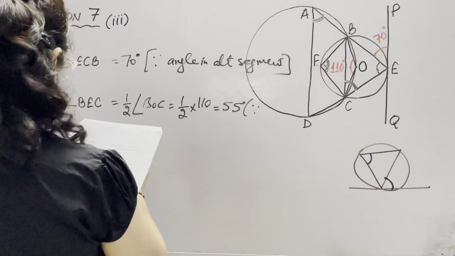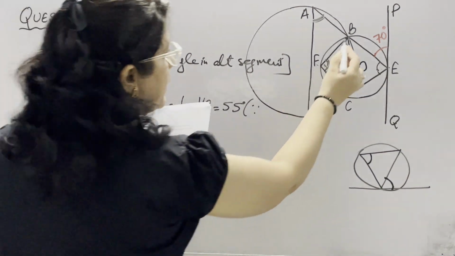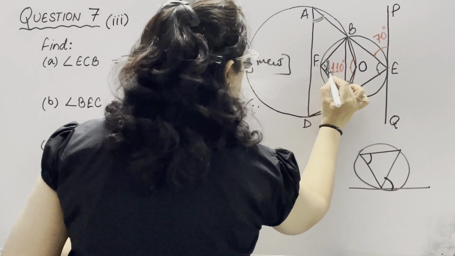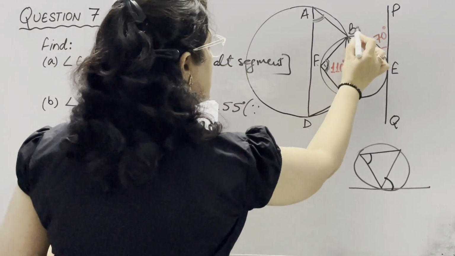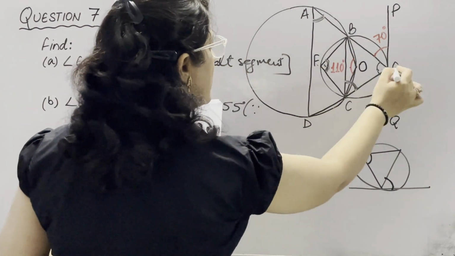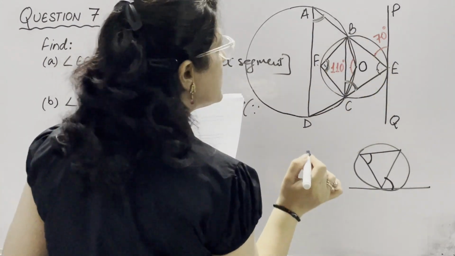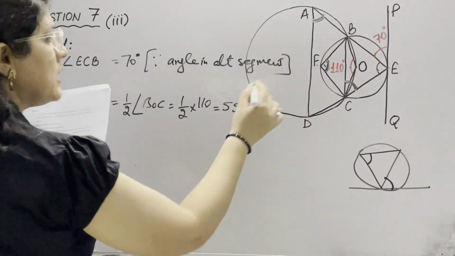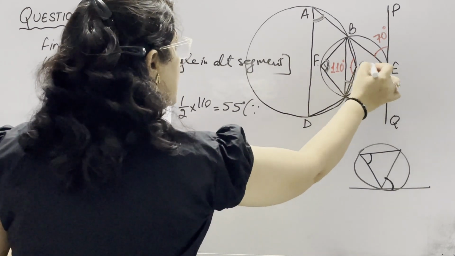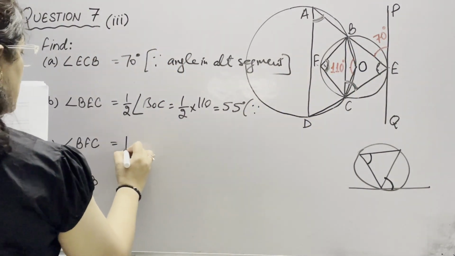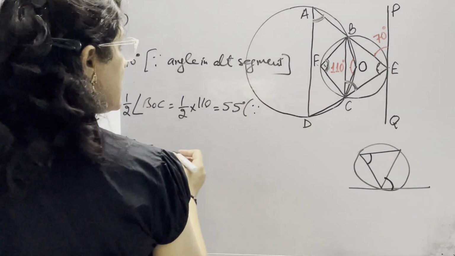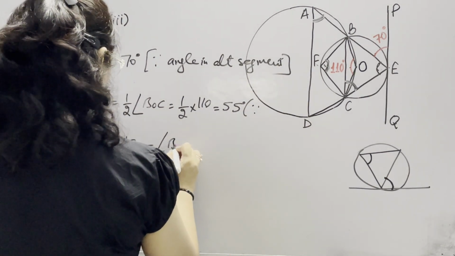Now for BFC, this is BFC. Now this BFCE is also a cyclic quadrilateral. All the four corners lie on the circumference of the circle, so opposite angles are supplementary. This angle BEC and this. So BFC is equal to 180 minus angle BEC.